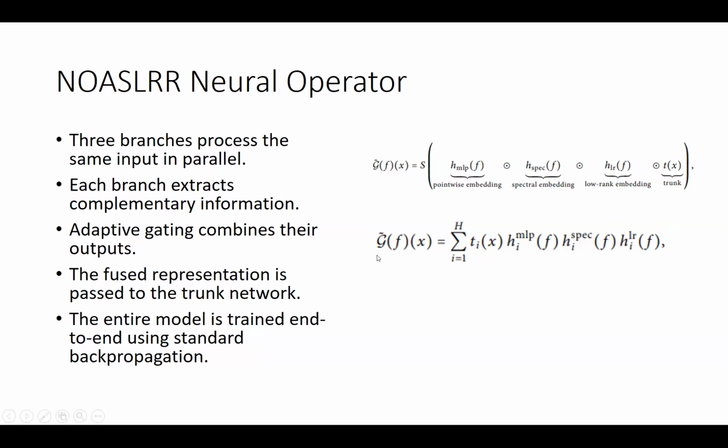As you can see in the second formula, the aggregate function may be just a sum, and all these formulas represent clean multiplicative interaction. So I guess the entire pipeline is fully differentiable, and the model is trained end-to-end using standard backpropagation. It completely preserves the core mesh-invariant benefits of the DeepONet paradigm.